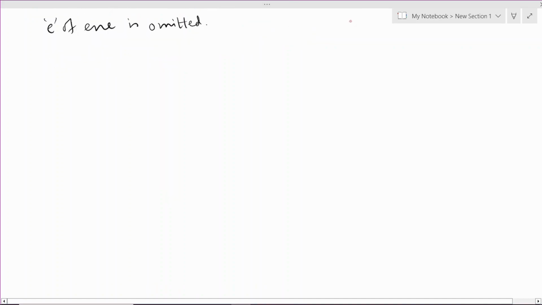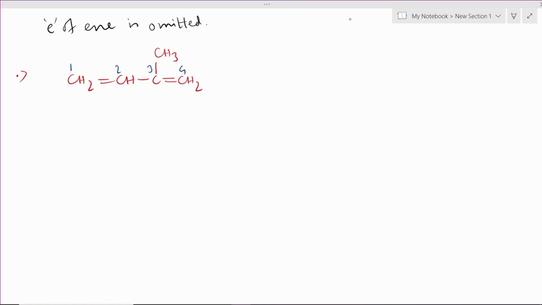In order to understand the next rule, we will take an example. Now if we do numbering, two ways are there. One way of doing numbering is 1, 2, 3, and 4. And the other way of numbering is 1, 2, 3, and 4. So that way of numbering will be correct which contains the lowest locant of the substituent.